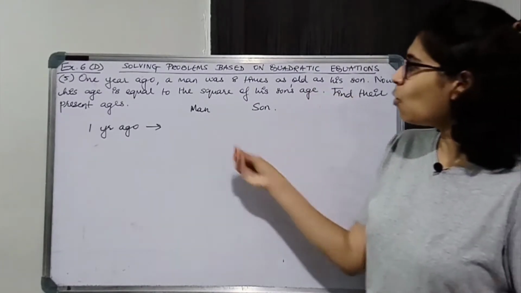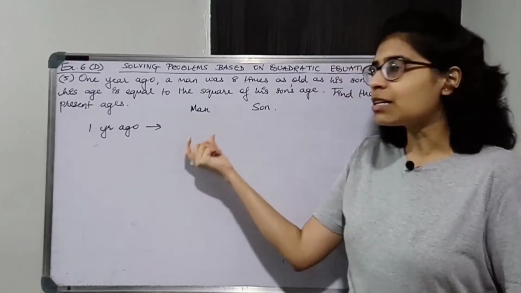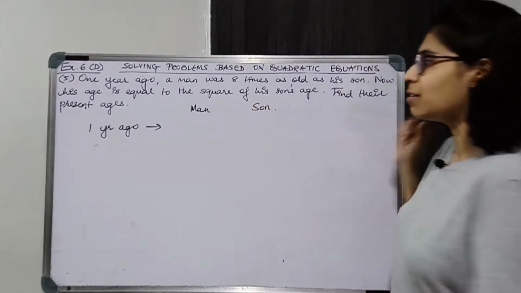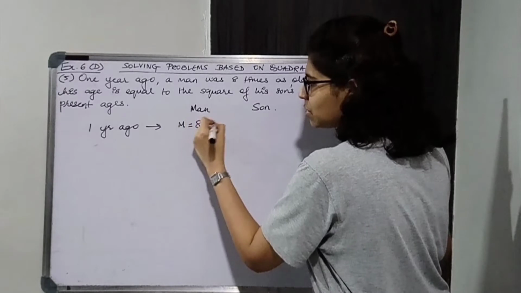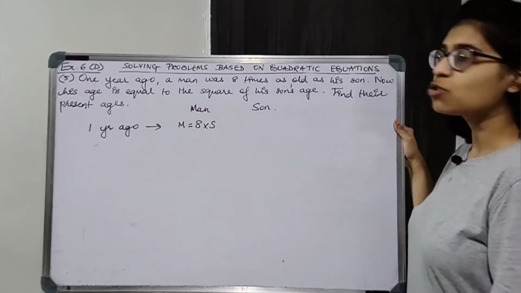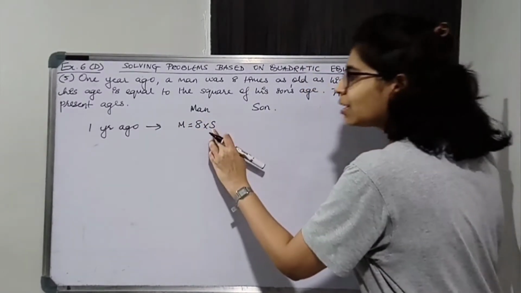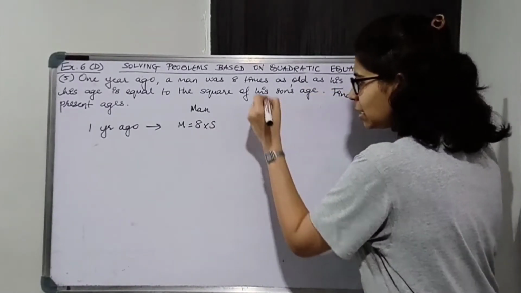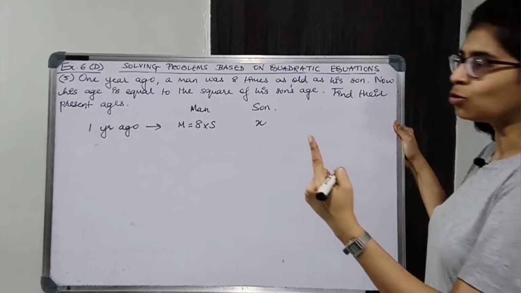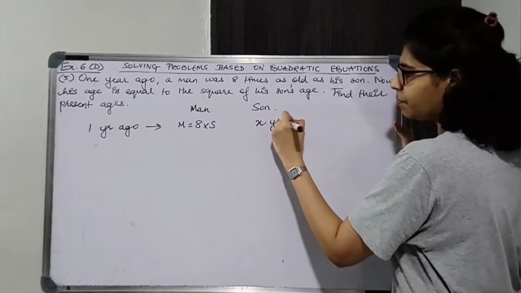Okay, so age of man is something times the age of the son. Man ka age is 8 times the age of the son. So let's say that son ka age is x. So let's say the age of son 1 year ago was x years.